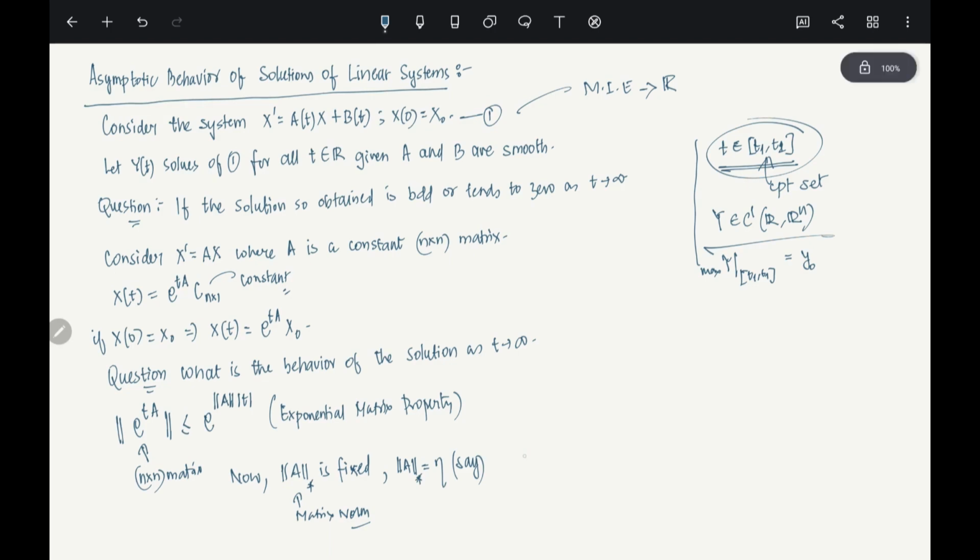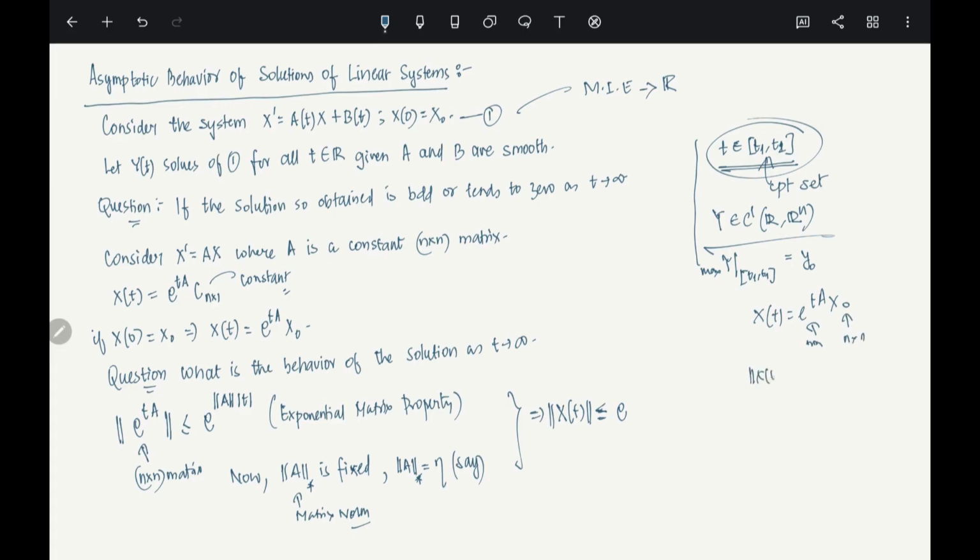Hence, this implies that for any solution x(t), the norm of it is always dominated by e^{tA}. What is x(t)? x(t) is nothing but e^{tA} times x naught. This is an n cross n matrix and this is an n cross 1 matrix.